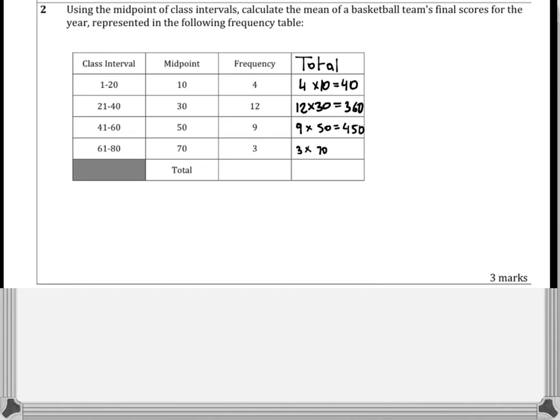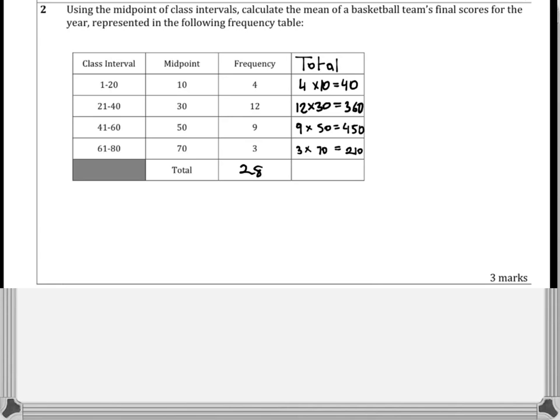And so we keep working out each total, the total of the data values for each group, by taking the midpoint multiplied by the frequency, and then to get a grand total of all the data values altogether, okay, we're going to add this column here.